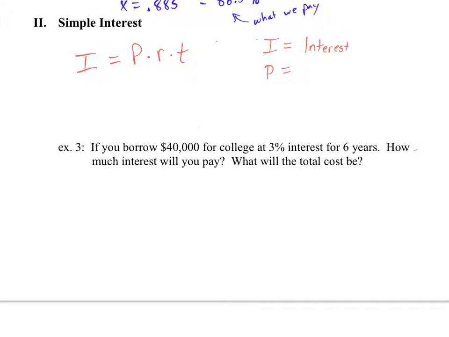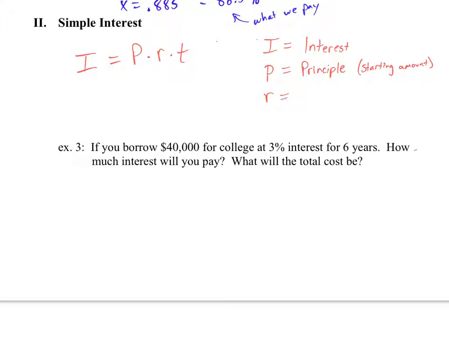P is the starting amount. It's kind of like the original in what we've been doing. So it's the principal. Usually I've seen it spelled that way for money. Sometimes you'll see it P-A-L, but that's more like principal in the office at school. So starting amount. I'm not real picky on the spelling.